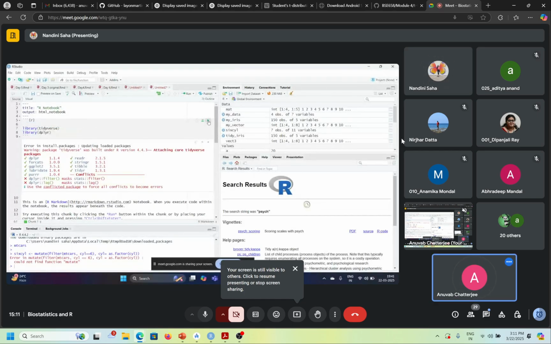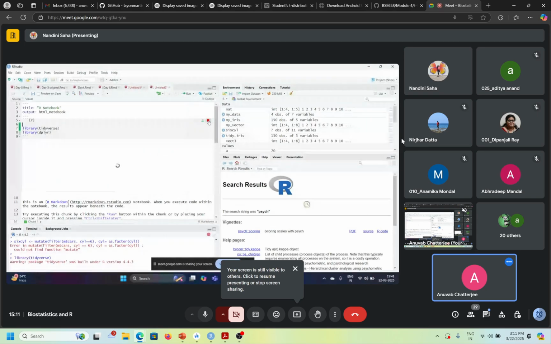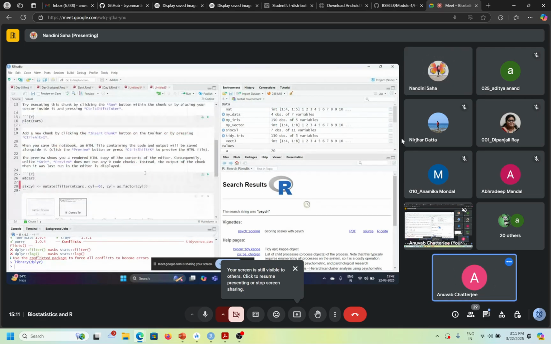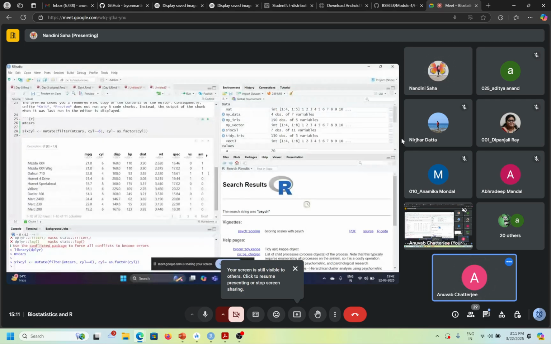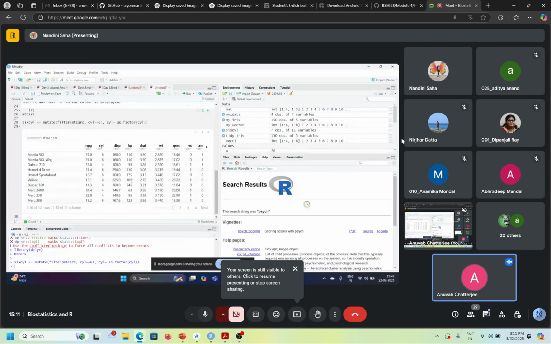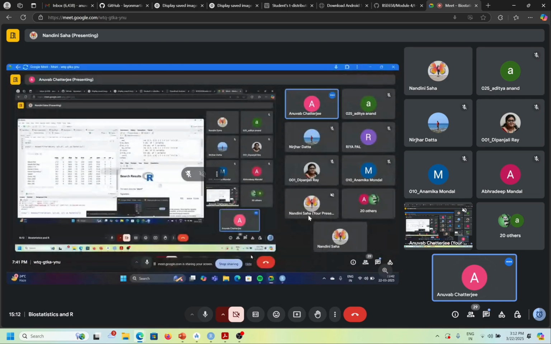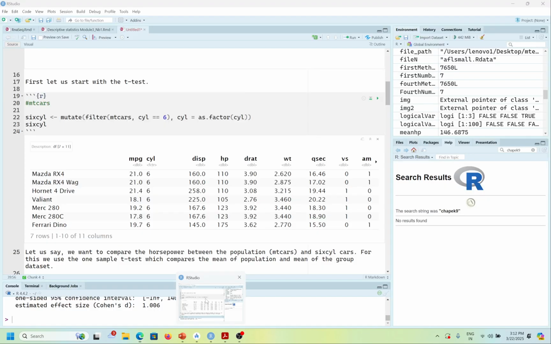Now run the one that you were showing, that mutate is not working. Okay. Now quickly run all the ones that I showed you. The t-test. Quickly run the t-test.